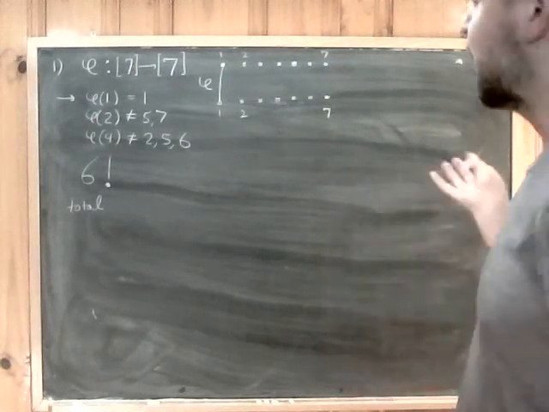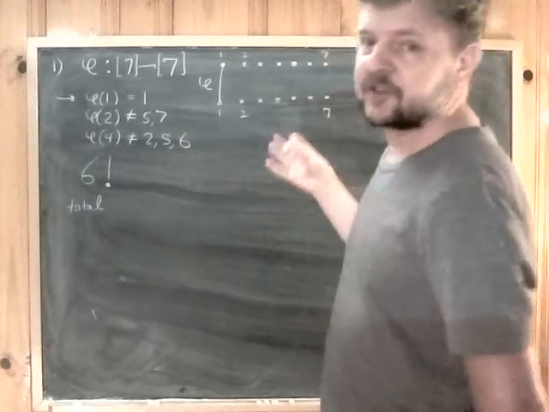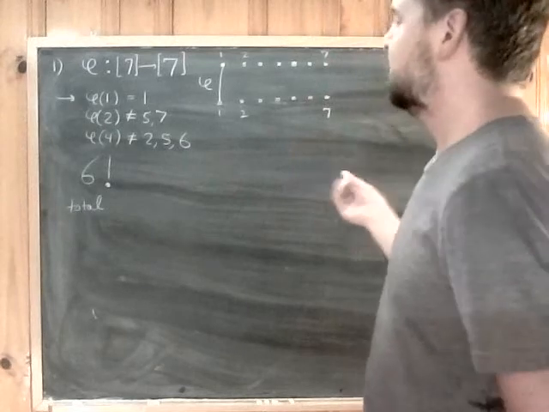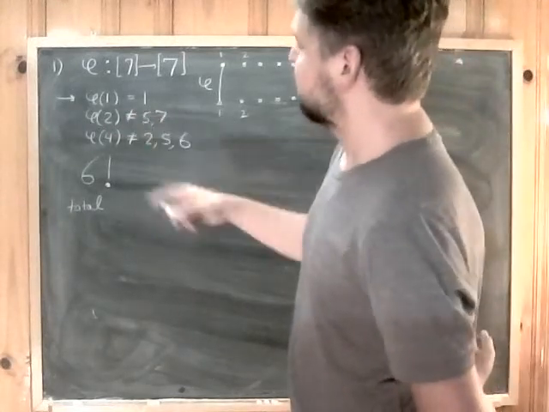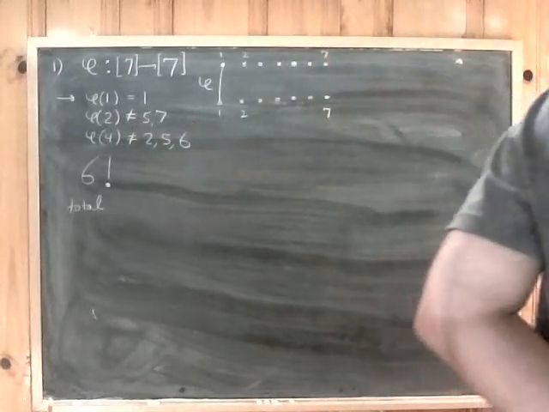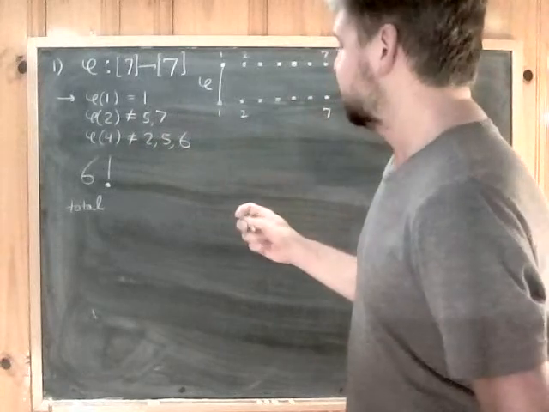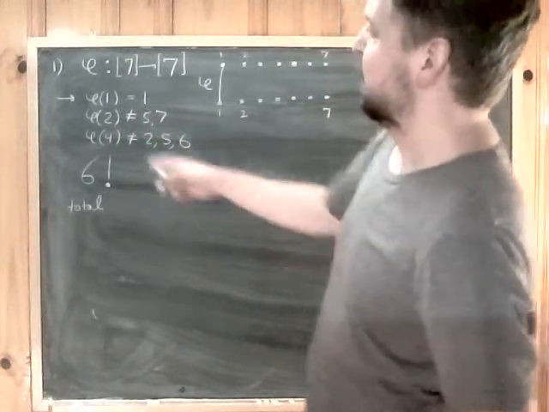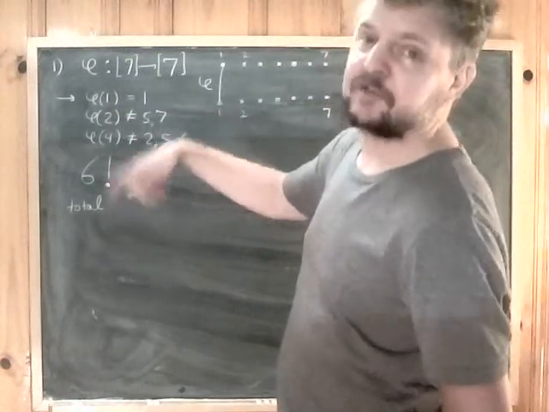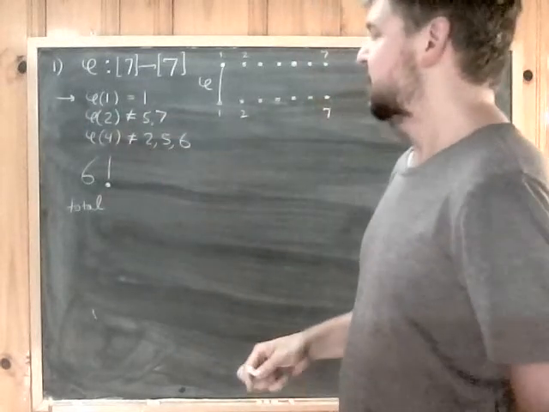With these kinds of problems, the rules that we're talking about are all going to be very similar. The rules that can't be broken are going to be not equal to. So phi of 2 is not equal to 5 or 7. That's a little shorthand I'll use, so that it's easier than writing phi of 2 does not equal 5, and phi of 2 does not equal 7, and phi of 4 does not equal 2, and so on.